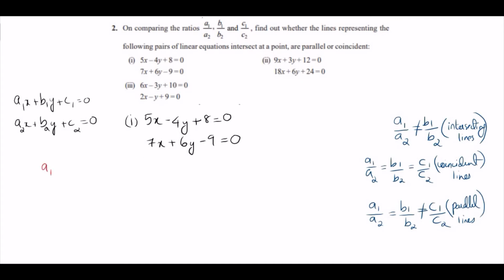Here a1 is 5, a2 is 7, b1 is minus 4, b2 is 6, c1 is 8 and c2 is minus 9. So after writing the values for a1, b1, c1 and a2, b2 and c2, now you just compare the ratios.